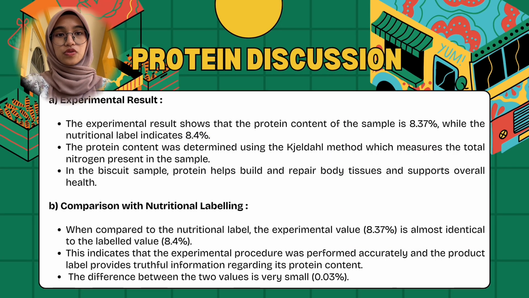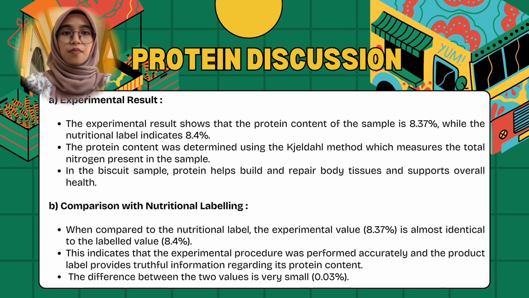Now, let's move to our discussion. Based on our experimental result, the protein content of the biscuit sample was found to be 8.37%, while the nutritional label states 8.4%. The protein content was determined using the Kjeldahl method, which measured the total nitrogen in the sample.